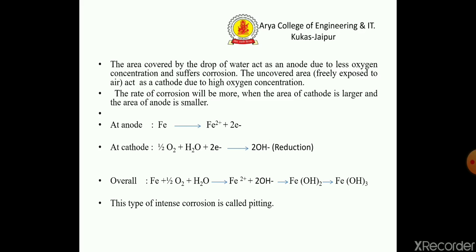The overall reaction is Fe plus half O2 plus H2O converting into Fe2+ and hydroxide ions, then it converts into Fe(OH)2, and if excess oxygen is present it converts into Fe(OH)3. This type of corrosion is known as pitting corrosion.